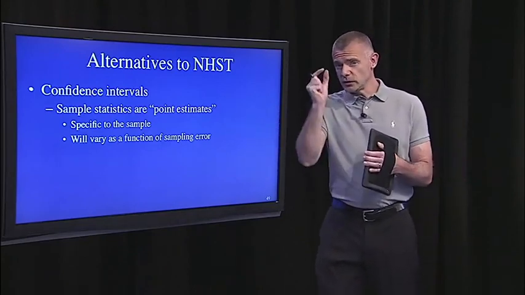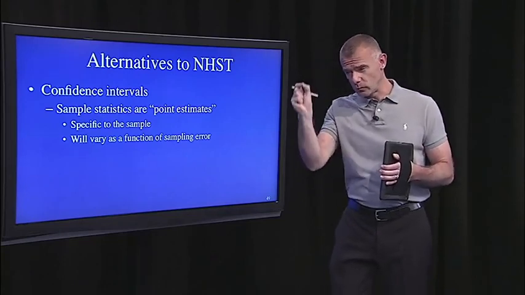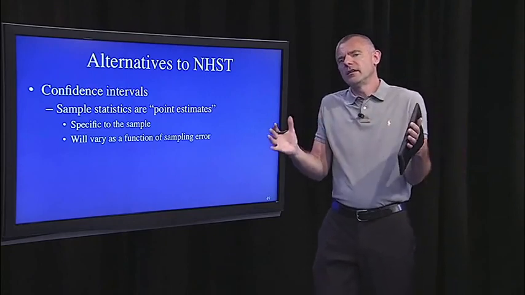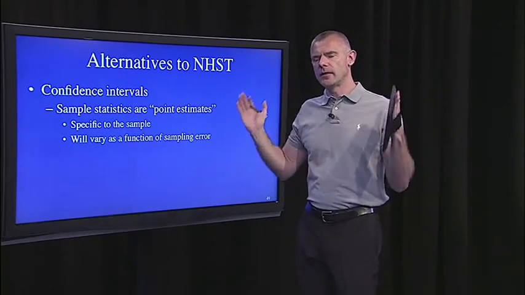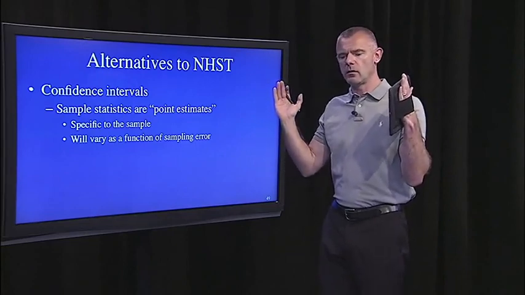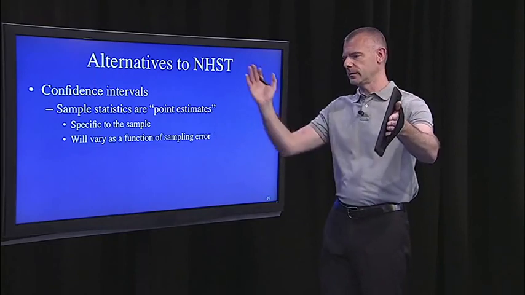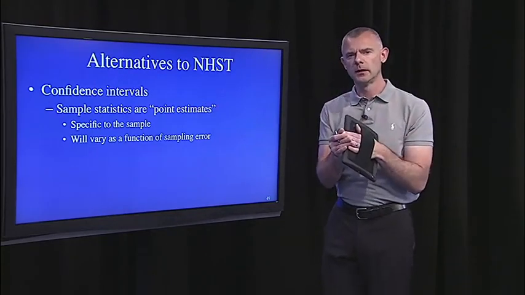So instead of reporting just the point estimate, what is the mean, what is the correlation, what is the regression coefficient, why not report an interval and say, well, I'm, say, 95% confident that the correlation will fall somewhere between 0.6 and 0.8, rather than just saying, it's 0.7.